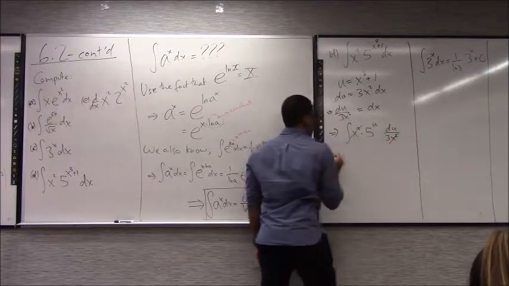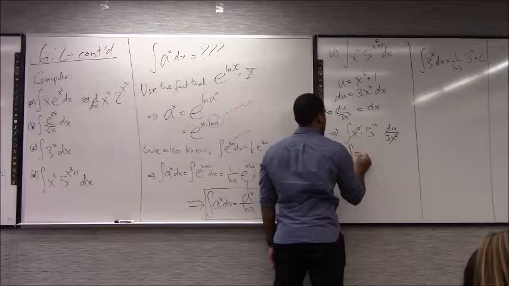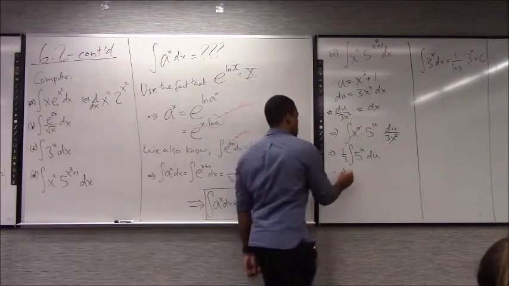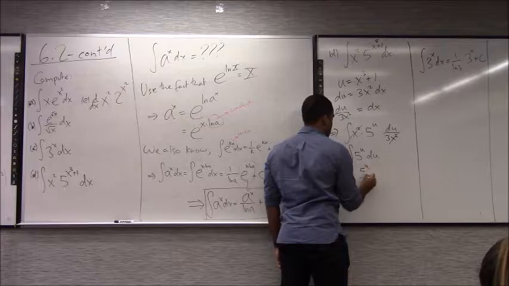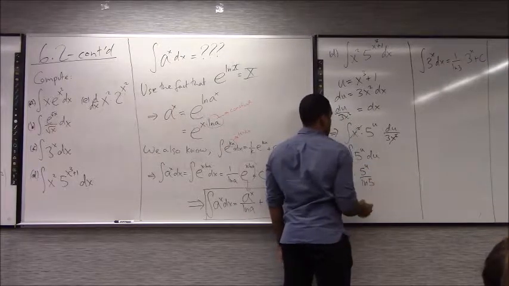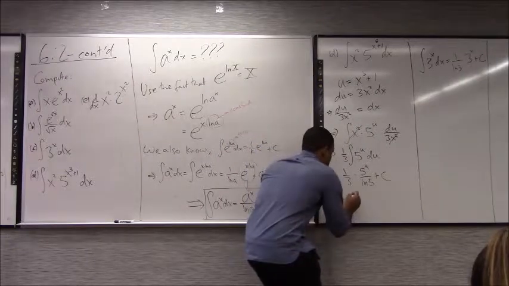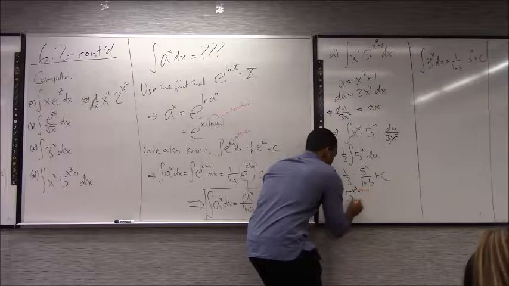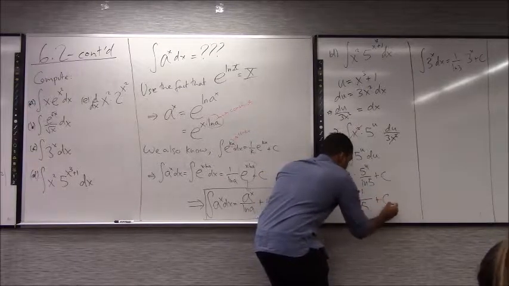The x squared cancel, so we get 1/3 times the integral of 5 to the u du. So it's 1/3 times 1 over ln 5 times 5 to the u. Now I just replace the u, so that's 5 to the x cubed plus 1 all over 3 ln 5, plus c.